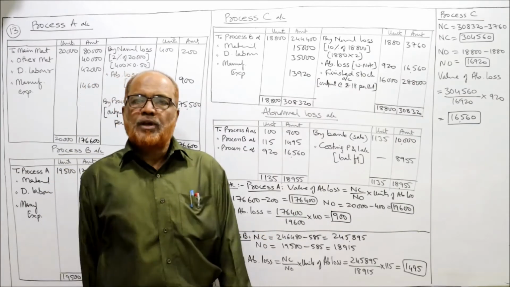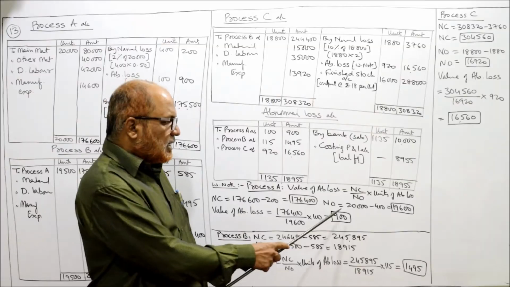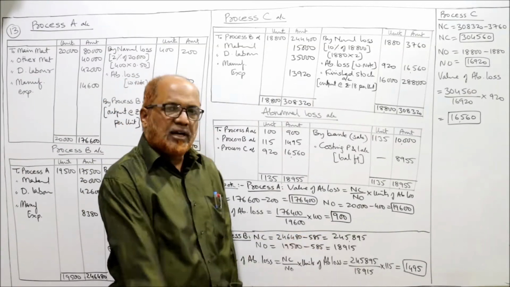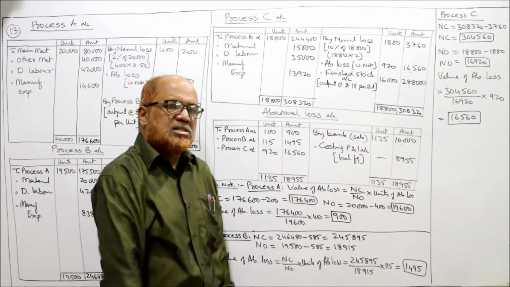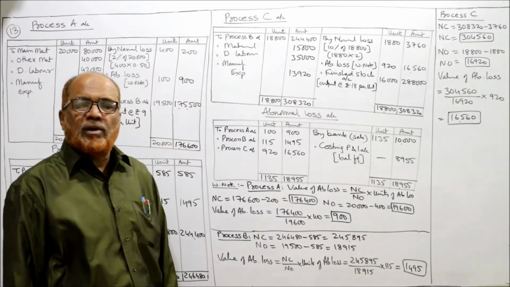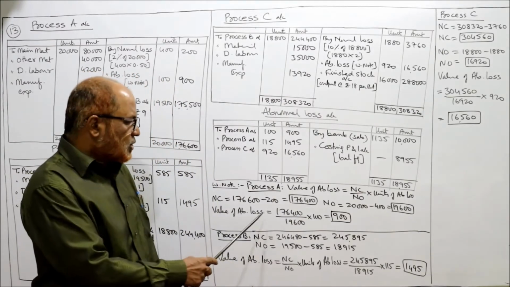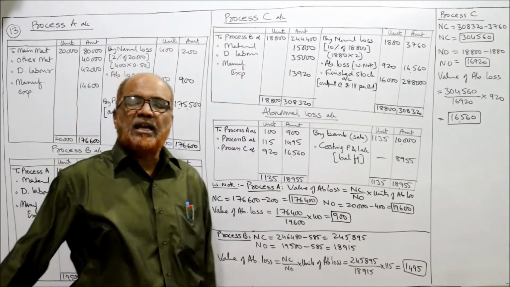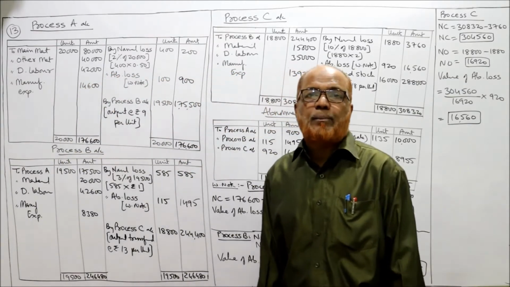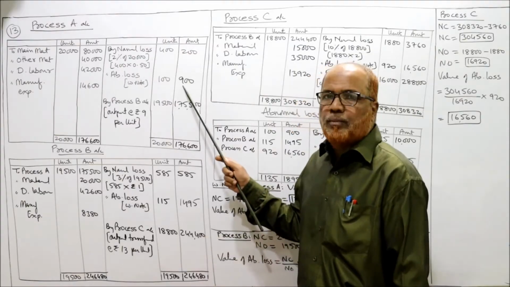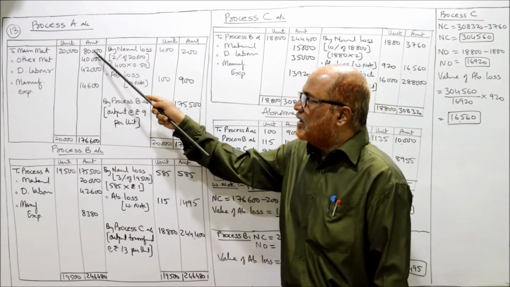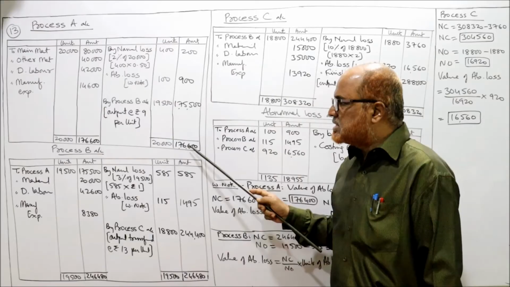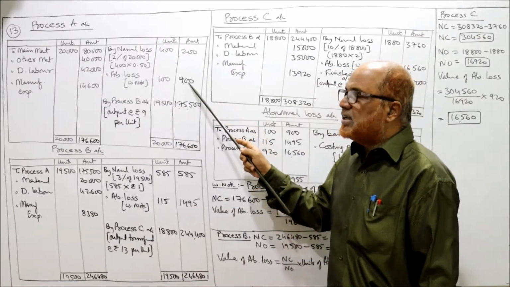Normal output. Normal output is input 20,000 and normal loss 400. So normal output 19,600. How many units of abnormal loss? 100 units. So we will substitute 1,76,400 by 19,600 into 100. 900 rupees is the value of abnormal loss. Now we take the balancing figure. Take the total 1,76,600 minus 200 minus 900.